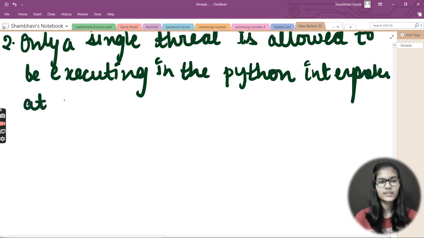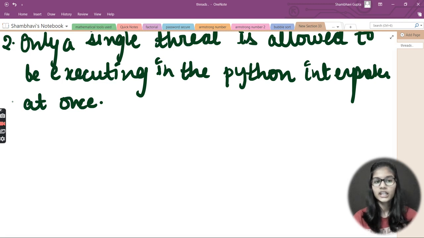So basically this means that at one time you can execute one single thread in the Python interpreter. It's not the case that you have written multiple threads and you will be allowed to execute all of them at a time. No, this is not the case here in this threading topic. You can execute only a single thread in the Python interpreter at once.